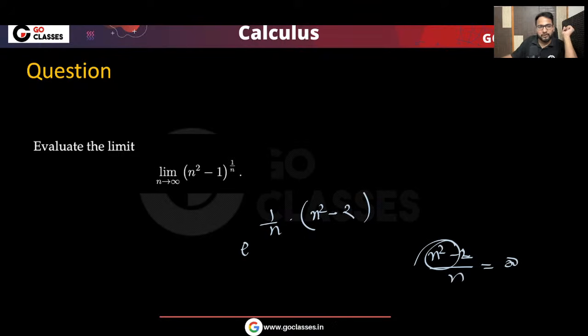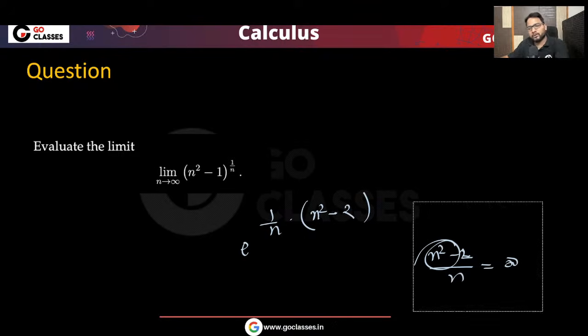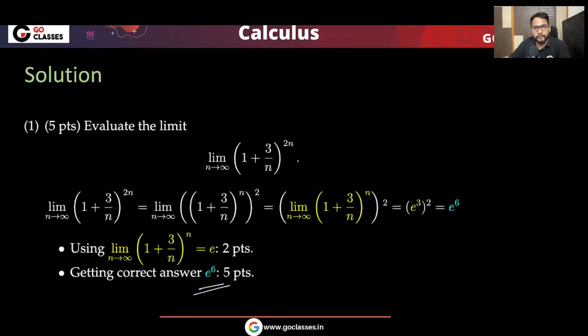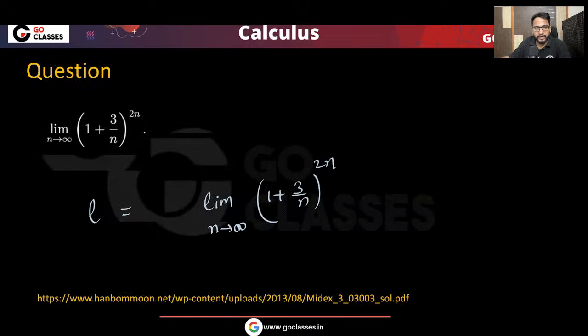Tell me, first of all, can you do this e power or these things? Is it 1 power infinity? Is this of 1 power infinity form? Okay, earlier it was 1 power infinity, right?